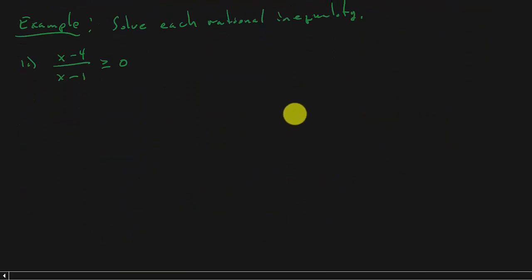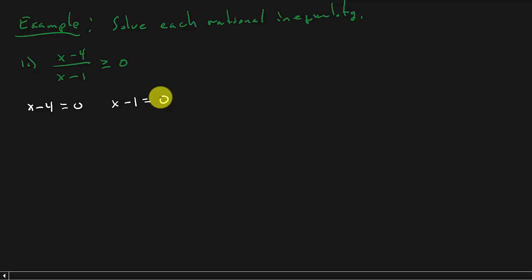All right, so let's solve. It's telling us get everything to one side of the inequality symbol and 0 by itself. Well, this is already like that, so we're good. Now what we do is we take the numerator, set it equal to 0, and set the denominator equal to 0.